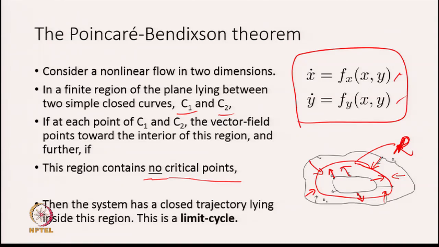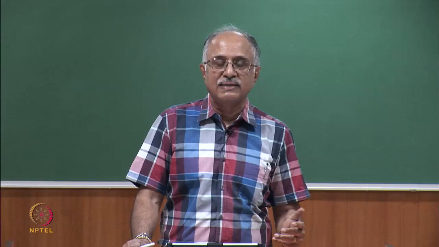It is a limit cycle because the vector field points away from here and it points away from here, and so the curve that is lying in between is a limiting behavior in some sense, and this is a very important result showing that you can have other kinds of attracting behavior.